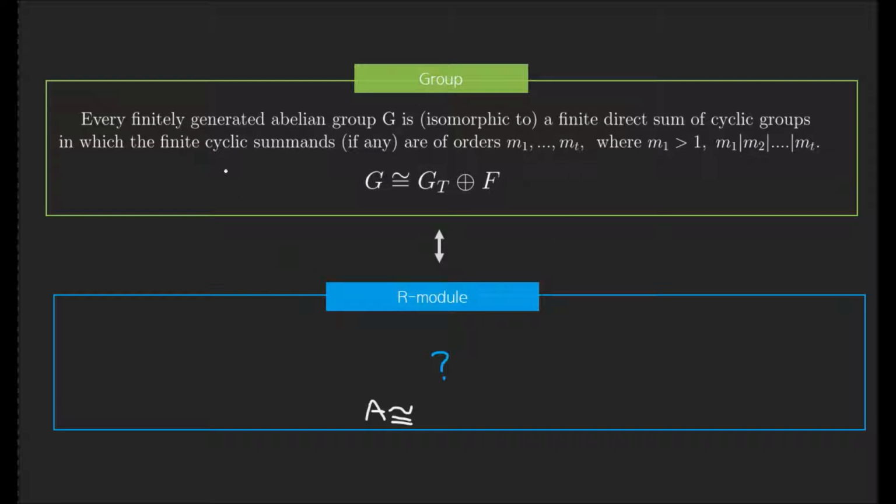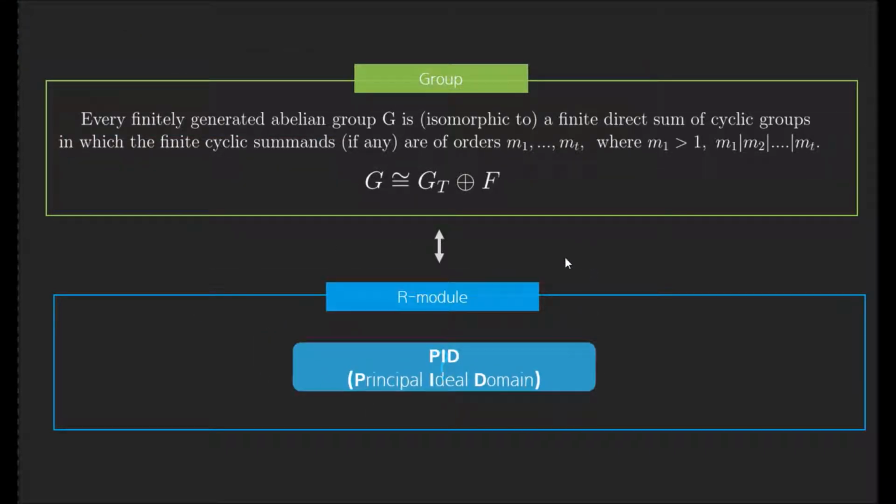Today's main topic is to check this theorem: every R module is decomposed into a torsion free part and a torsion submodule part. But to decompose these, we know some conditions are necessary. One of the topics is the PID, in short for principal ideal domain.